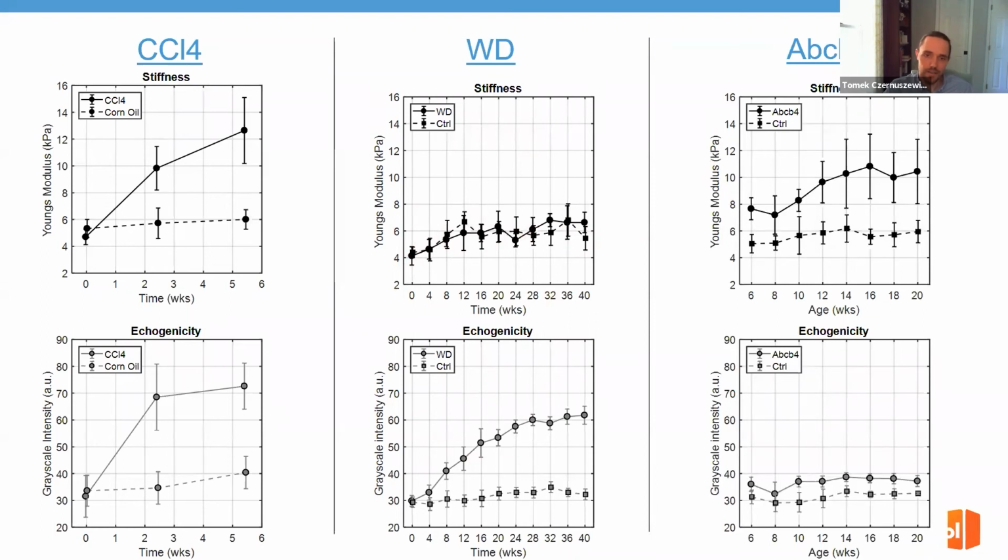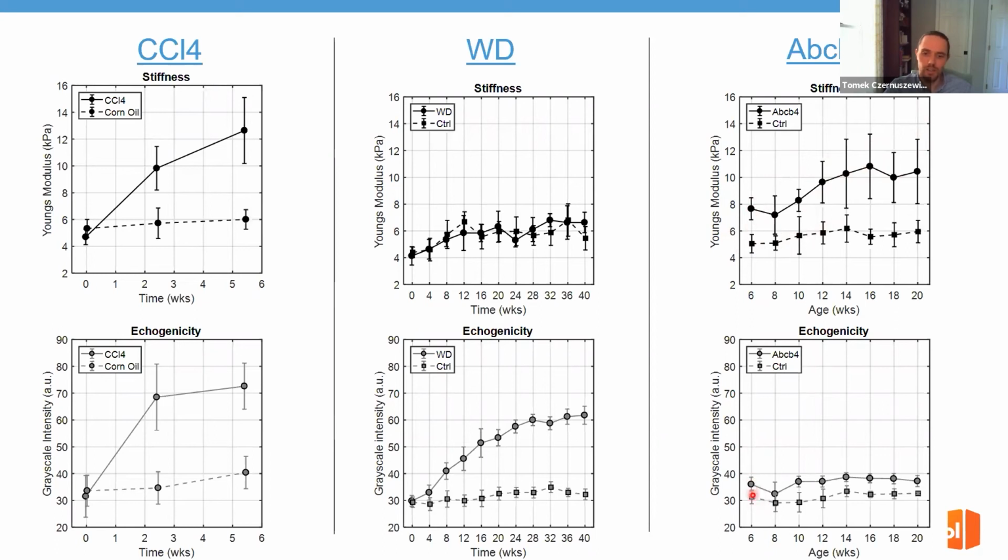The genetic model has also been very interesting. These are mice that are bred to have either the gene, the wild types in the dashed line, or the knockout in the top line. Even at baseline, two mice that are 6 weeks old, between the genetic knockout and the wild type, already have a significant difference in the stiffness of the liver.